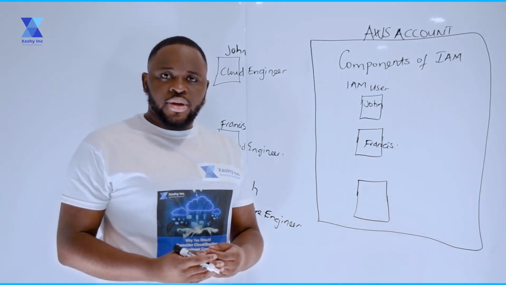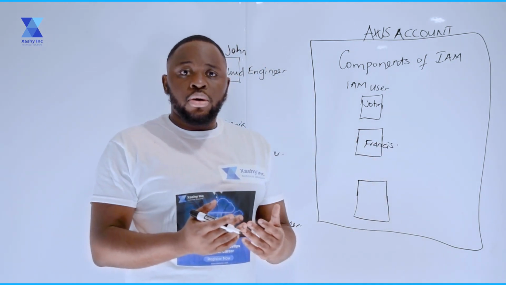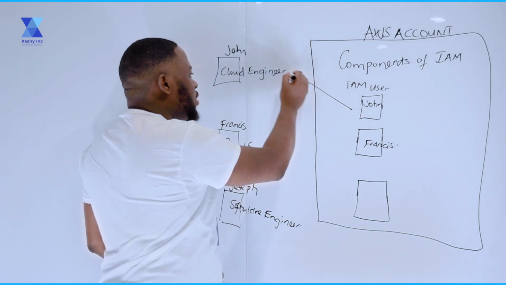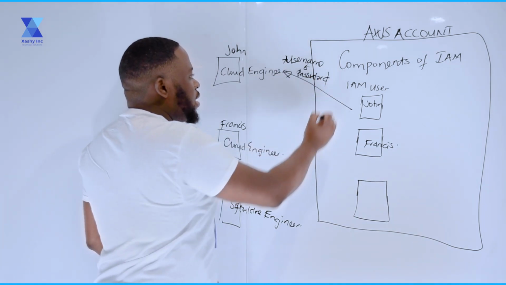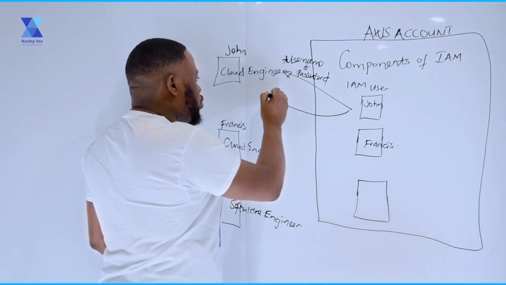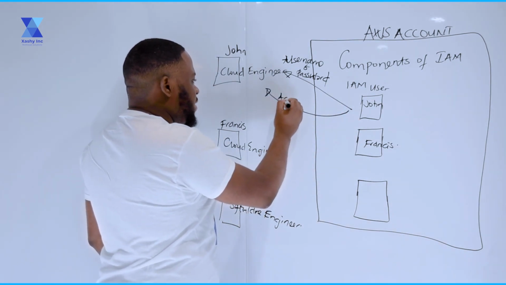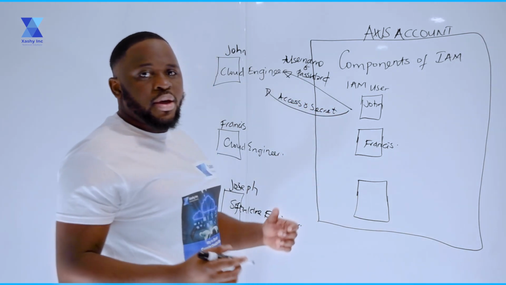Same for Joseph. There are only two ways an IAM user can authenticate into an AWS account. That could be done through the graphical user interface, which is the management console, where the user needs a username and password to authenticate, or the user could make use of access keys and secret access keys if he has to authenticate through programmatic access.